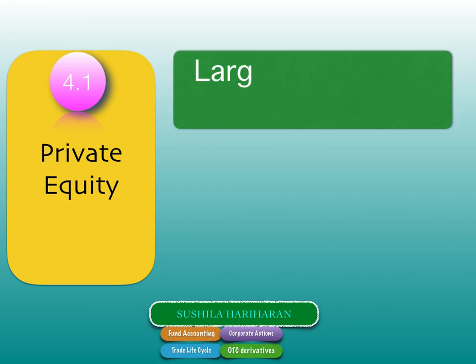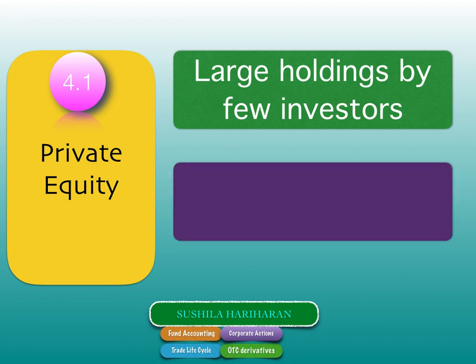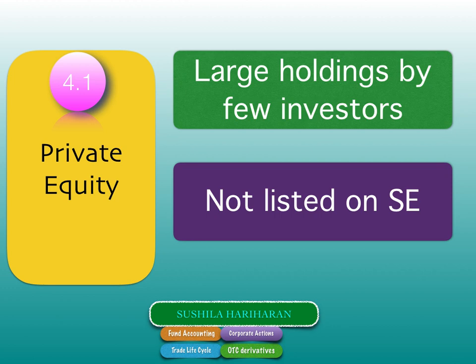So private equity is unlisted holdings, unlisted equity, which is a large holding by few investors. And these are not listed on the SE, that is a stock exchange. SE stands for Securities Exchange. Okay, so the holdings of private equity are typically held only by a few investors.